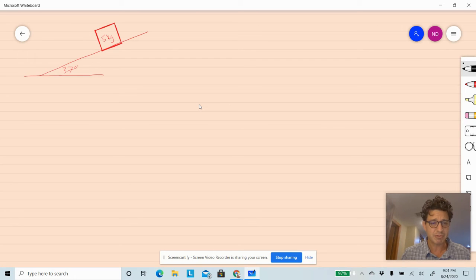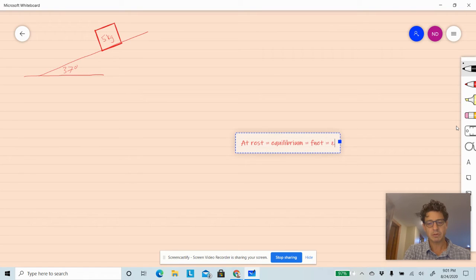It is at rest. Okay, really important. You're told it is at rest. At rest means equilibrium, which means F net equals 0.